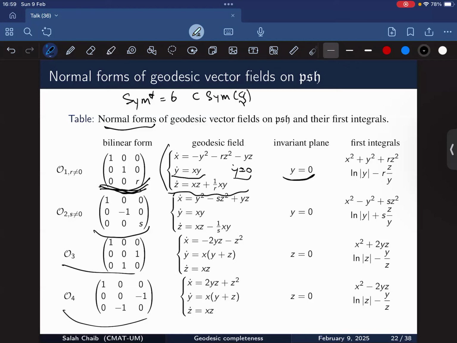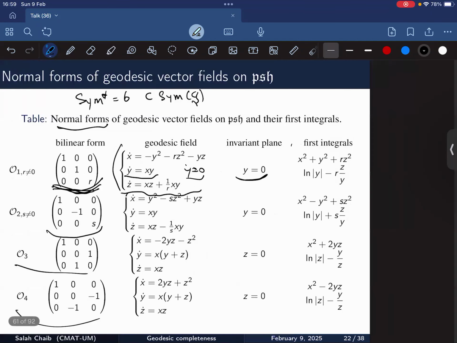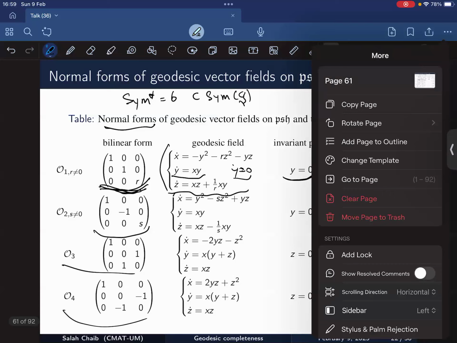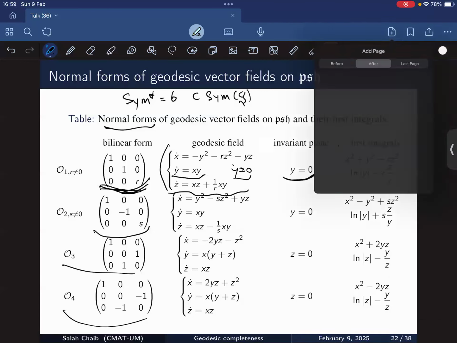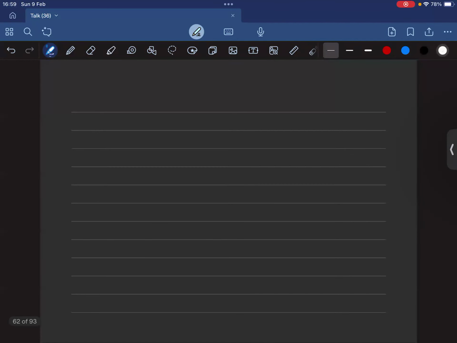In this last column, we provide some first integrals. Maybe I will explain what a first integral is. In our case, we have an ODE.